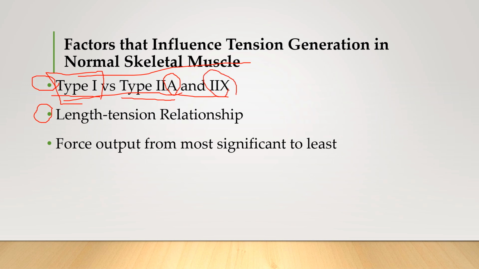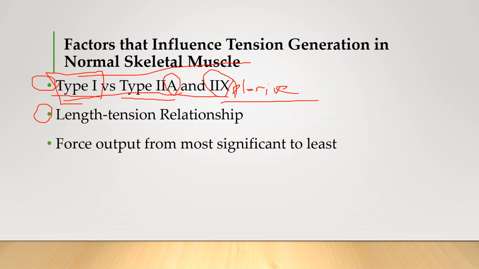Type 2X is really all about explosive power. Think of the X as explosive. Really bad handwriting with that, but think of the X as explosive. So type 2X fibers are fast twitch, and they are going to fatigue very, very quickly. So we're going to use a combination of all of these in order to produce tension in our skeletal muscle.